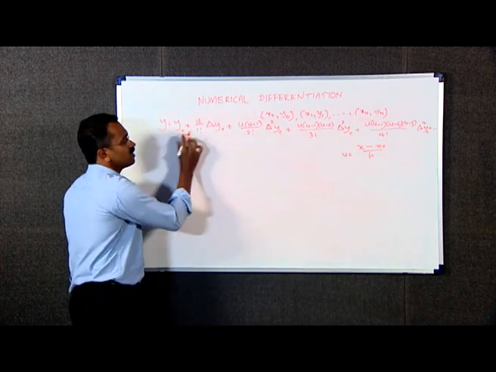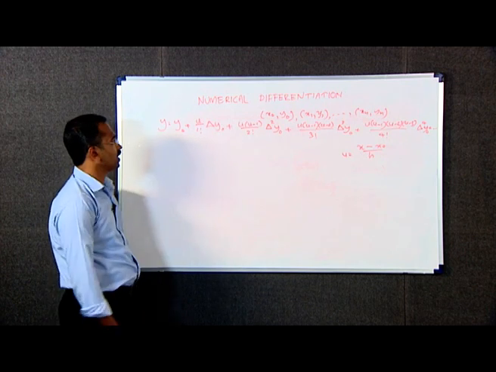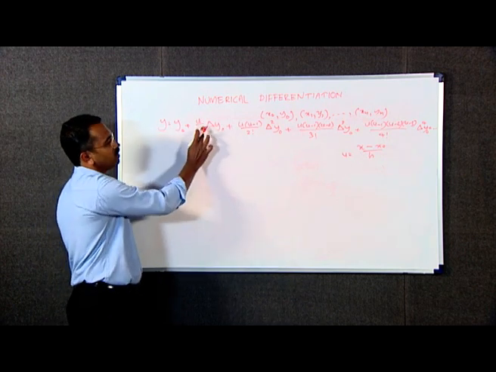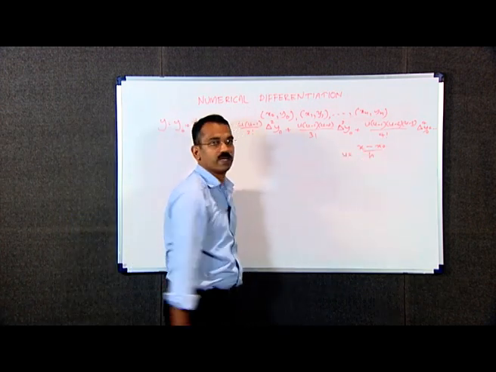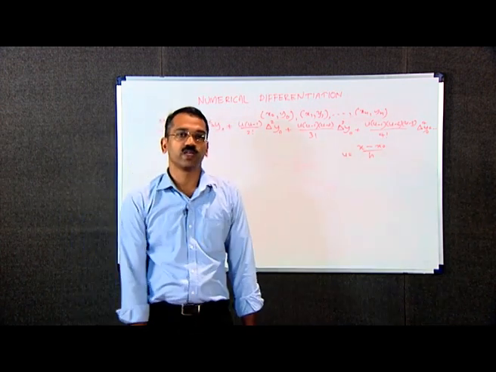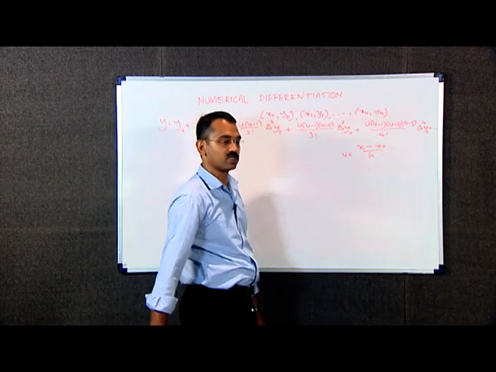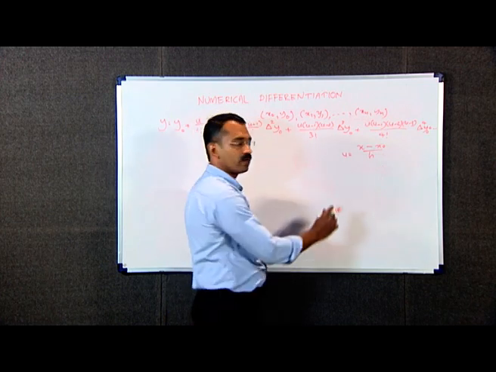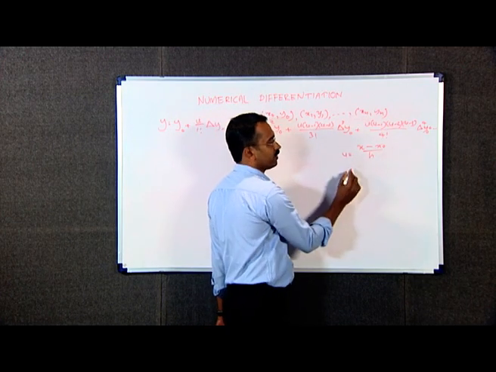Now we differentiate this formula on both sides. Here y is a function of u, where u is a function of x. Therefore, we can use the function of function rule for differentiation. Here u equal to x minus x naught divided by h.